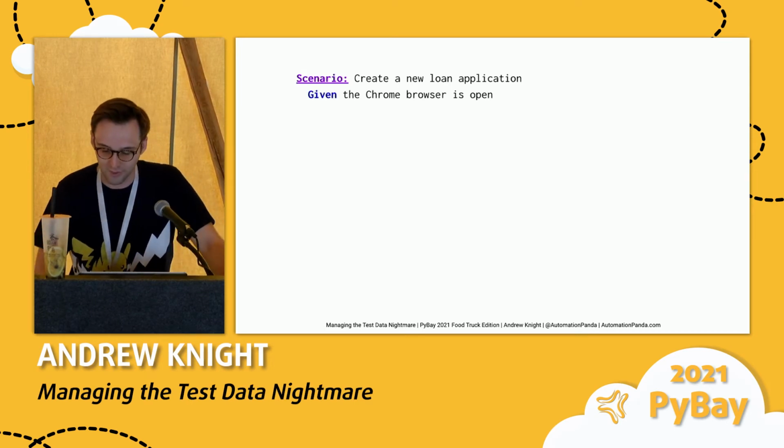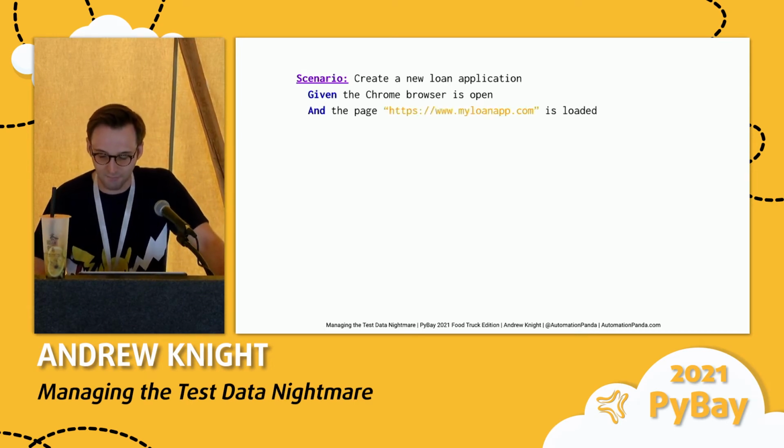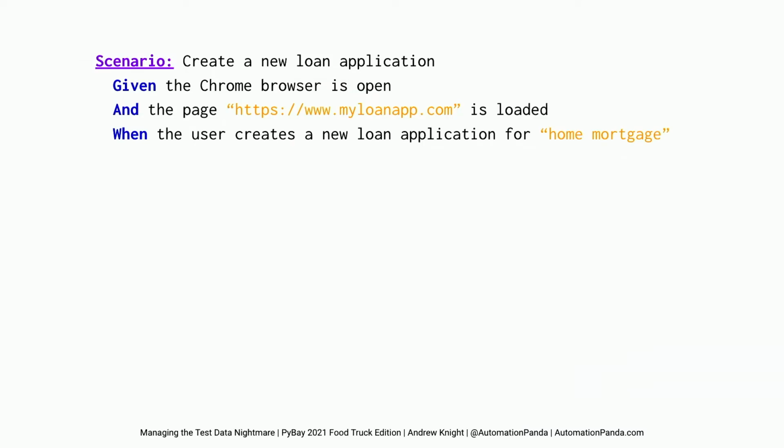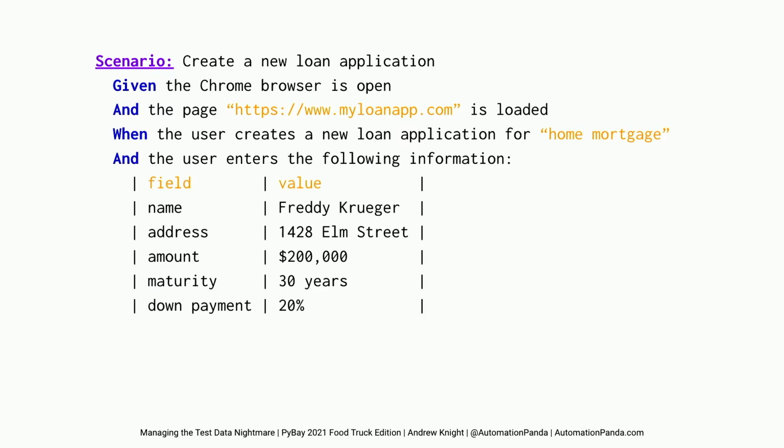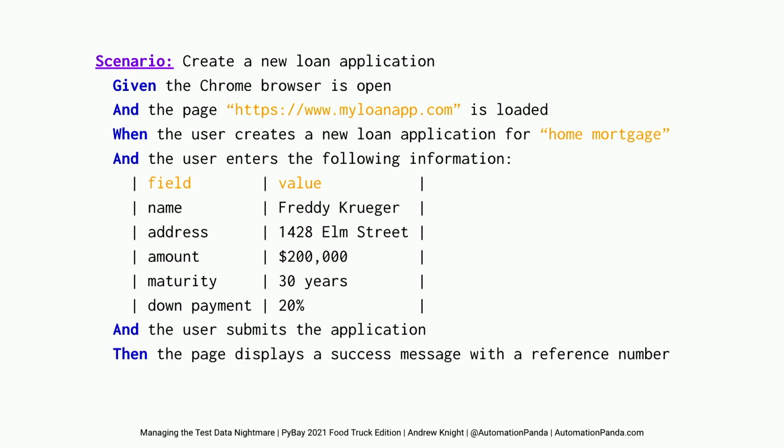Given the Chrome browser is open and the page at myloanapp.com is displayed, when the user creates a new loan application for home mortgage, and the user enters all their personal information, and the user submits the application, then the page displays a success message with a reference number, and the loan application is sent to the bank. Now, bear in mind, a real loan application will probably need several pages and a lot more data, but for the sake of this talk, let's keep things simple. Simple is better than complex.